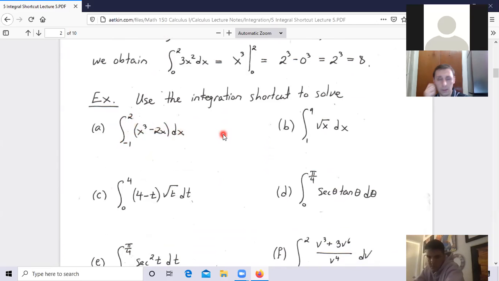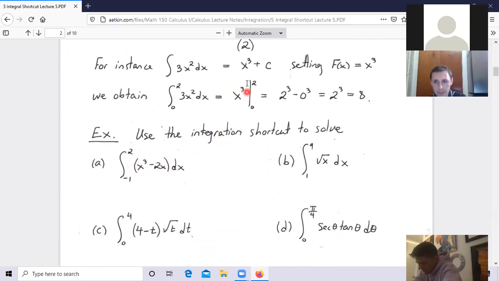What's that integral equal to? Do you understand that shortcut that I haven't yet explained why it works? What you do is find an antiderivative of this function and evaluate it at the top number minus evaluating it at the bottom number.